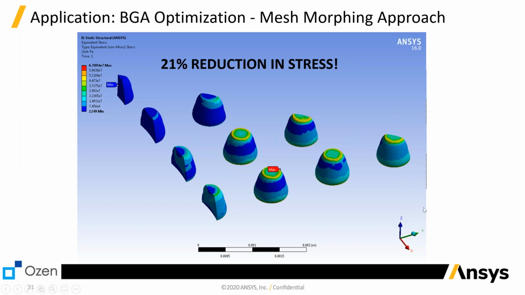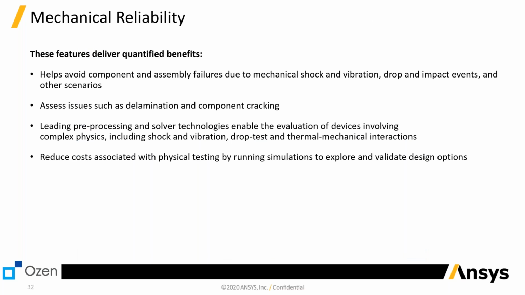As you can see here, this is the different solder joint shape. So if you want to reduce the stresses, then you want to use a different solder joint instead of a spherical one.